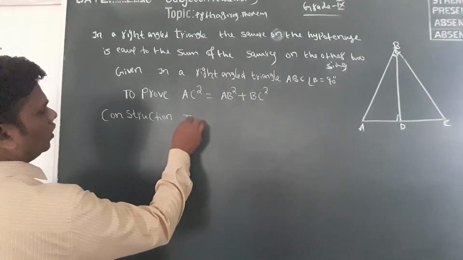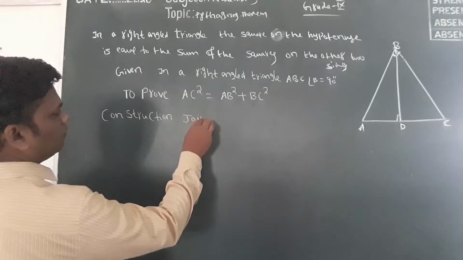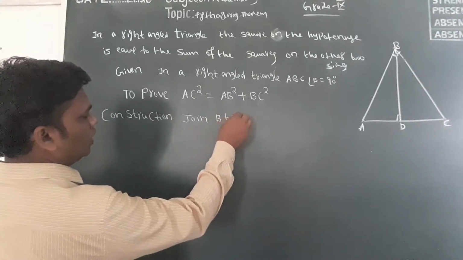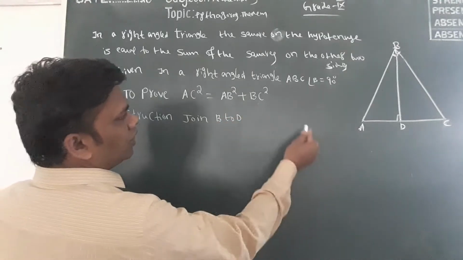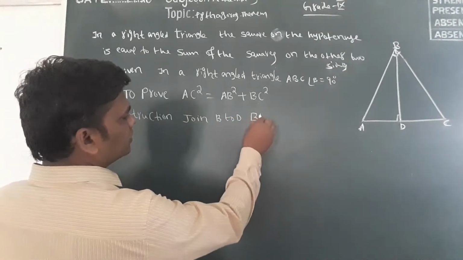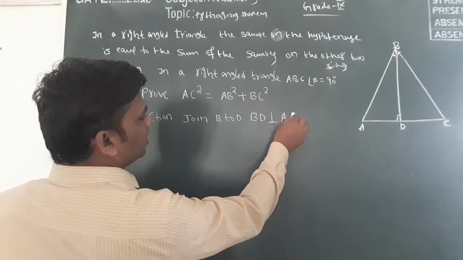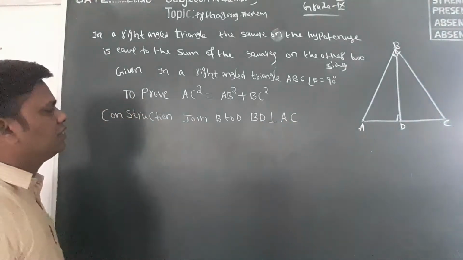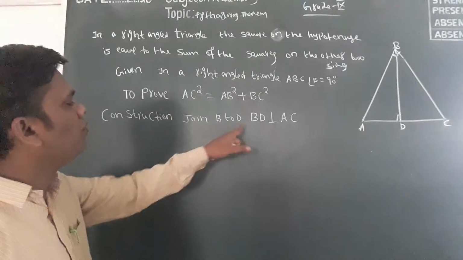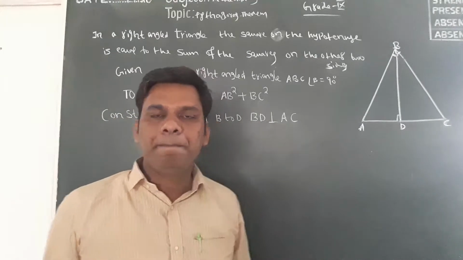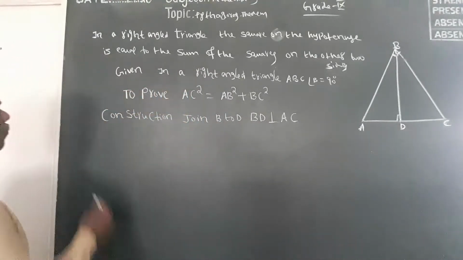Join B to D, where BD is perpendicular to AC. See, from B I made it. Join B to D, we can also write. Okay, now the proof.